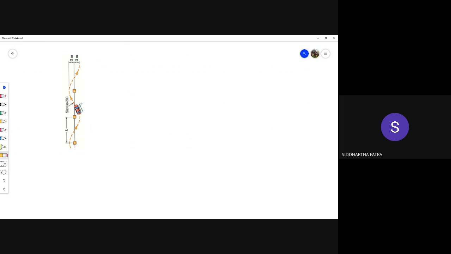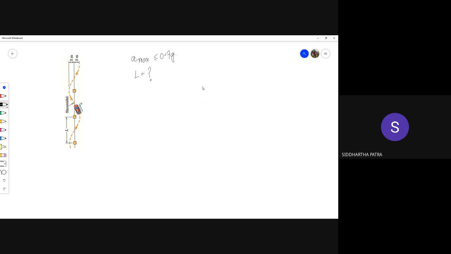Okay, so the criteria is the maximum acceleration should be less than or equal to 0.7 g. And you are being asked to find out how much should be the L. You can say that this car is moving on a sinusoidal path, okay.